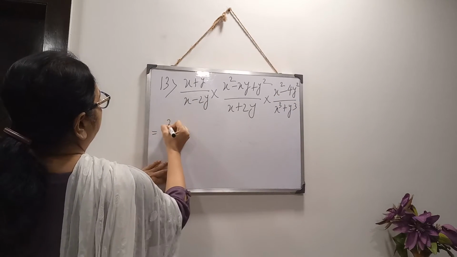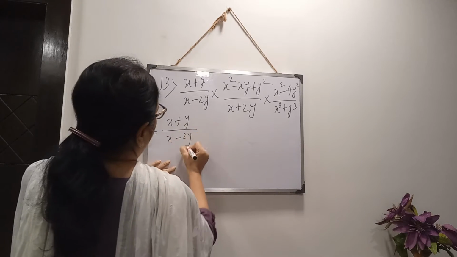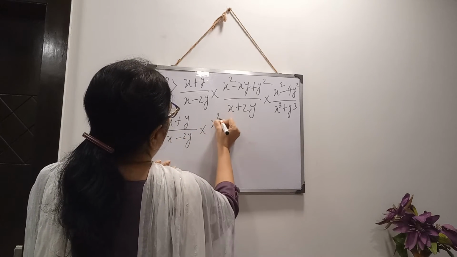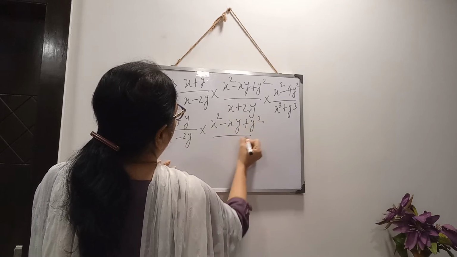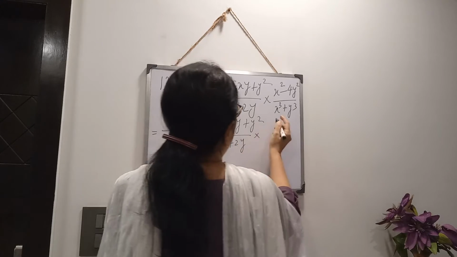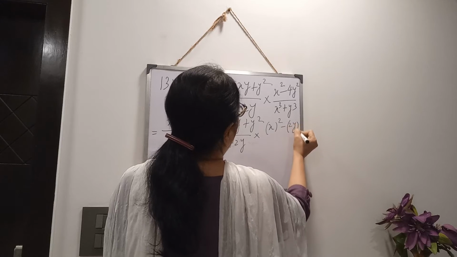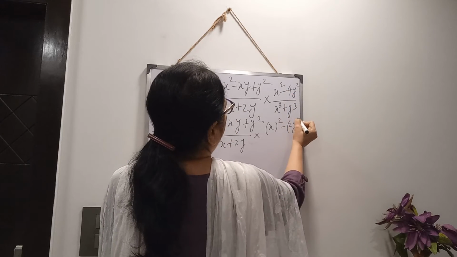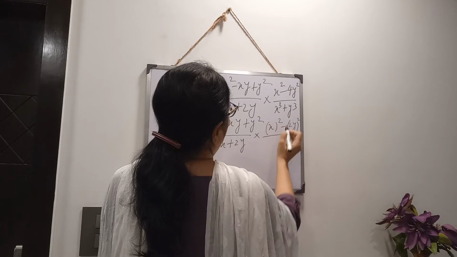So copy the previous two terms. This we can write now x square minus 2y whole square. 4y square is there, so we can write 2y whole square. And this is x cube plus y cube.